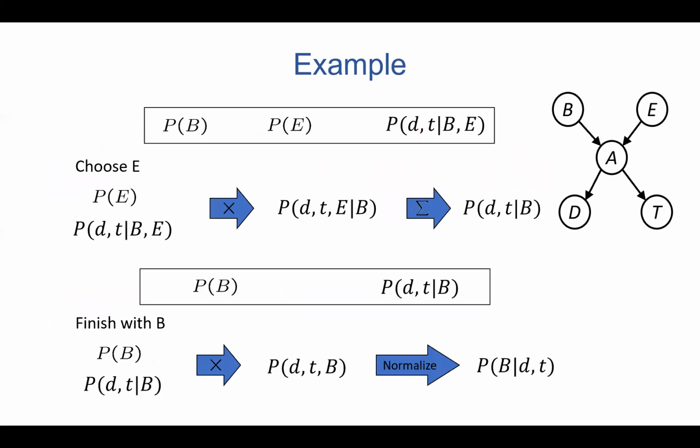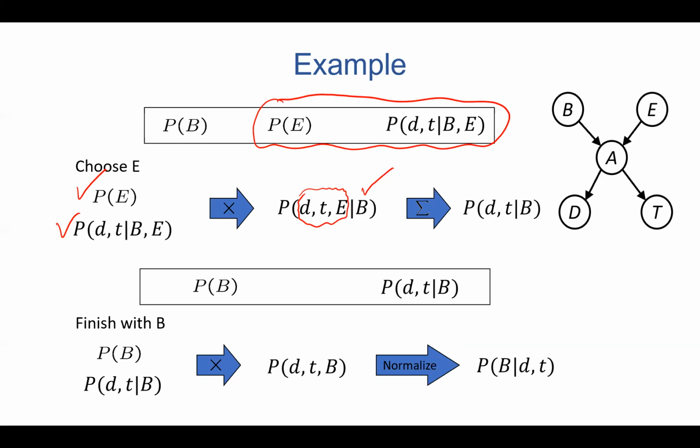All right. Next, we choose E. We look at all the factors that have E, which is P of E and P of D, T given B, E. So we get all the variables that are before the conditioning bar, and all the variables that are after the conditioning bar.